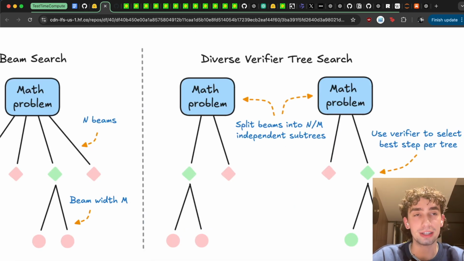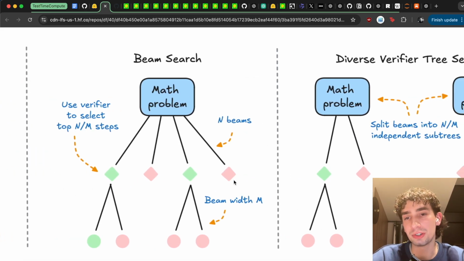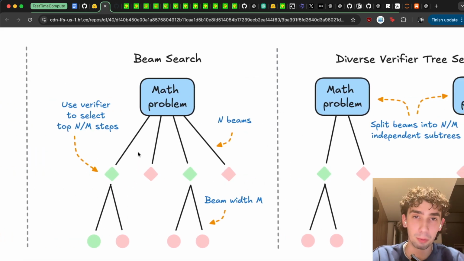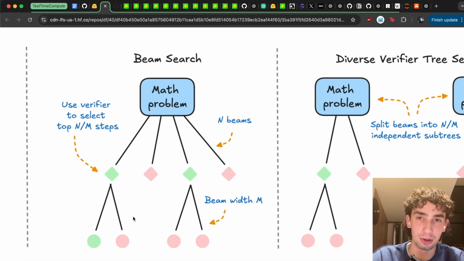One final novel idea that the Hugging Face team introduced in this blog is the diverse verifier tree search method. Essentially, they're trying to solve the issue where having one tree, if we get a really high reward on one step, can actually cause the tree to collapse in on that single node and not go off and explore other potential paths.